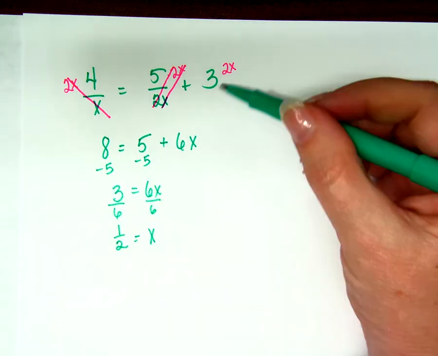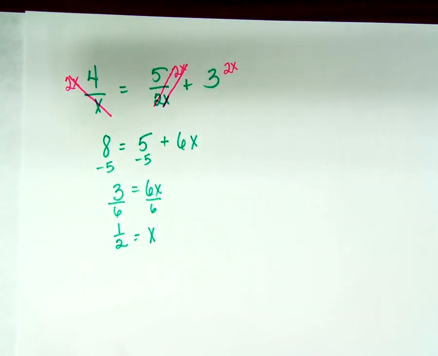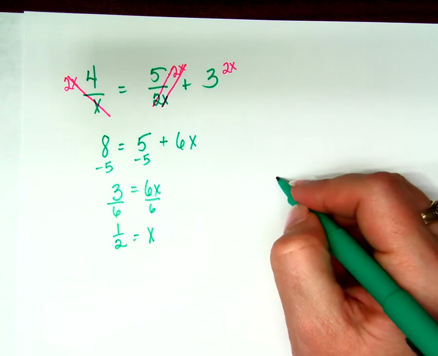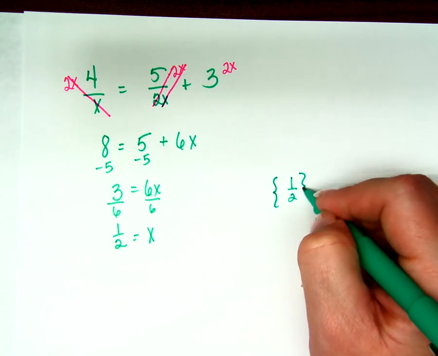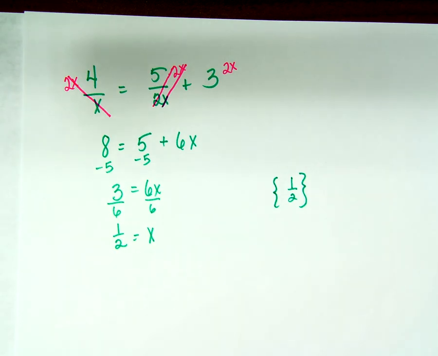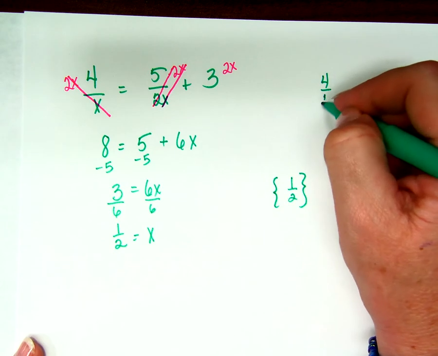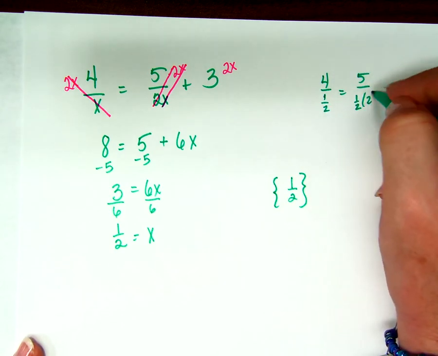Okay? So if it gives you a problem like this and says, what's the answer set? Sometimes it doesn't just want 1/2 as the answer. If it wants the set of numbers that's true, it wants it in set notation, which means you have to use the pretty braces when you put it in for the answer. Okay? Now, of course, we want to check this. 4 over 1/2 equals 5 over 1/2 times 2 plus 3.